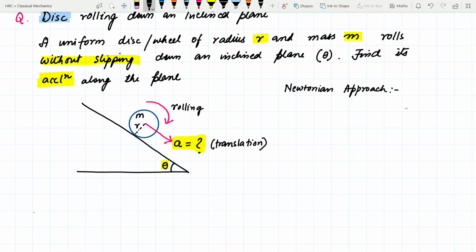What are the forces that are involved in this problem? What is the most obvious force that is involved in this question? Torque. Torque is the result of a force. So it is the result of which force? Torque is a moment of a force.